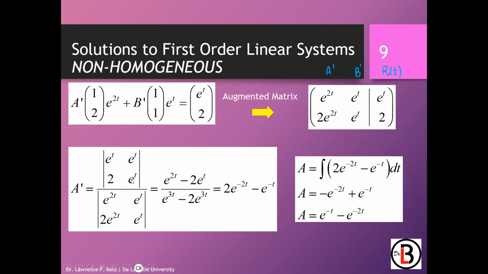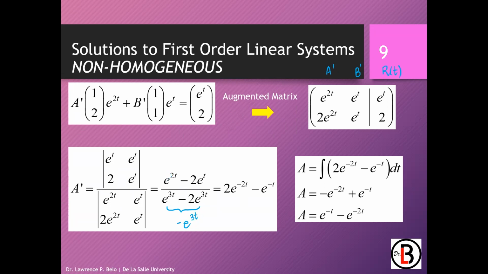So e to the t times e to the t is e to the 2t minus 2 e to the t. So okay na tayo dito. And then at the bottom, e to the 2t times t is e to the 3t minus 2 e to the 3t. So here at the bottom, what you'll have is basically negative e to the 3t.